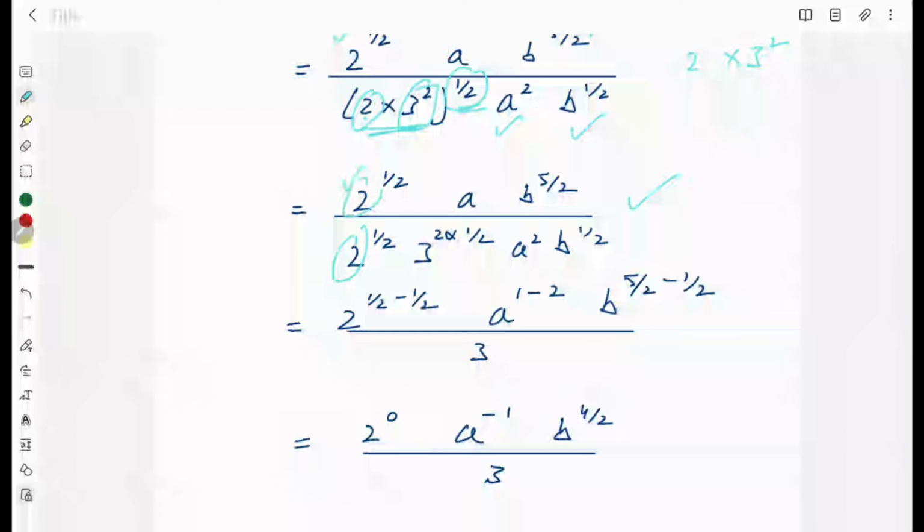2 to get simplified, half minus half, and this a and a both have the same base, so this will become, in case of division, 1 minus 2, and b 5 over 2 minus half, while this 2 and 2 get cancelled, and 3 raised to the power 1 is simply 3.